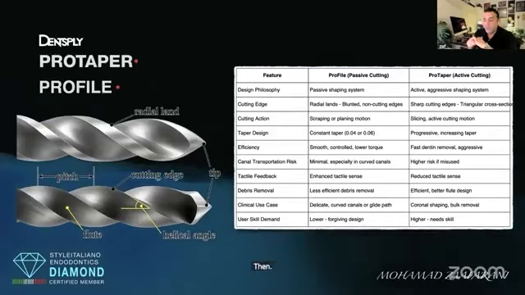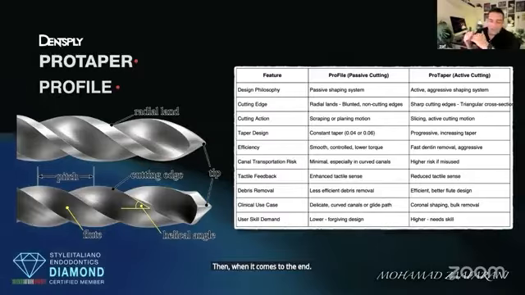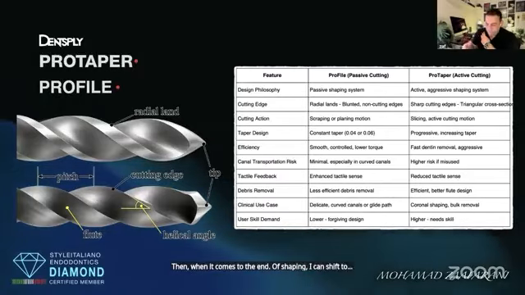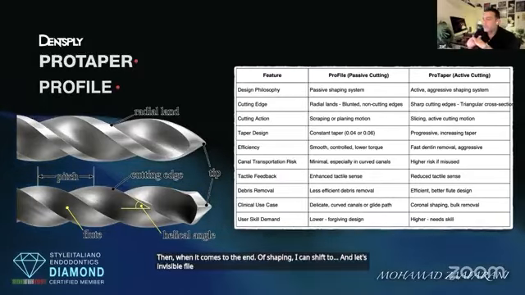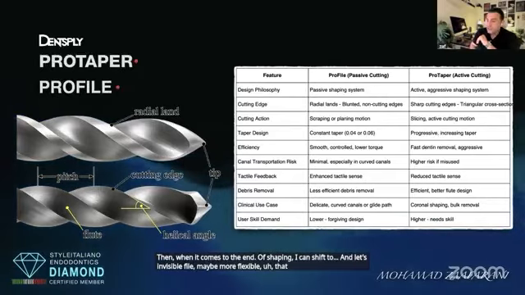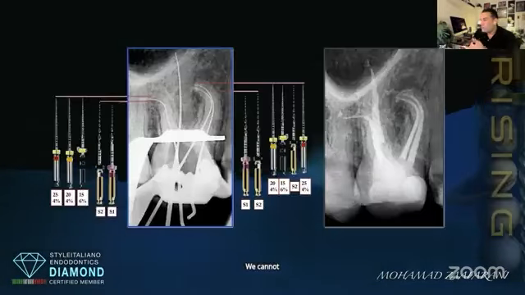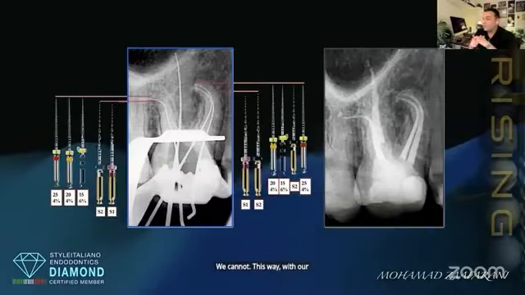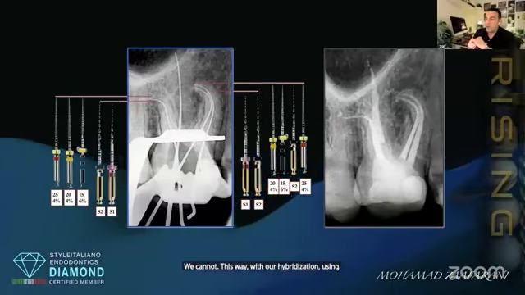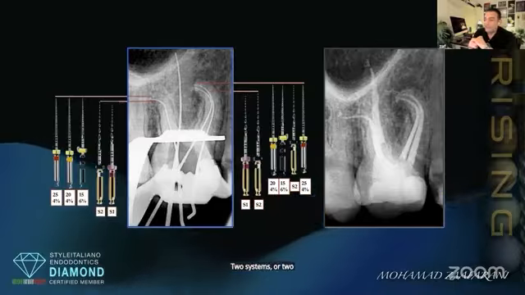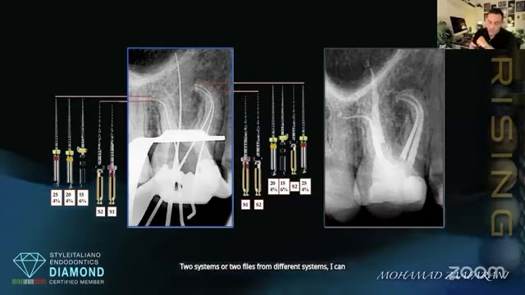Then, when it comes to the end of shaping, I can shift to a less invasive, more flexible file that can safely shape the apical part of the canal. This way, with hybridization using two files from different systems, I can safely shape the canal.